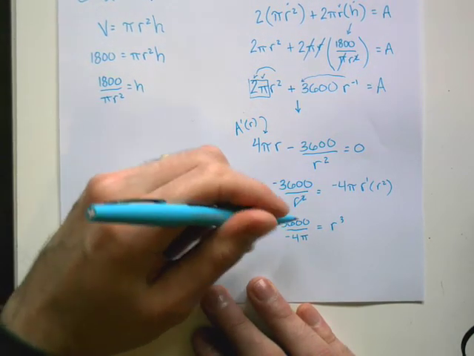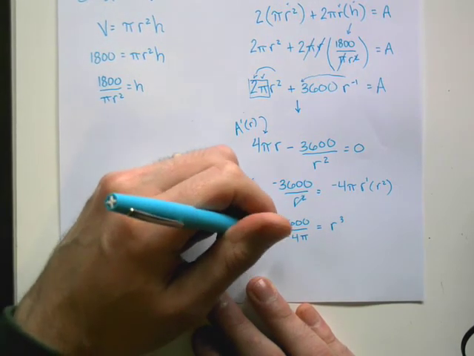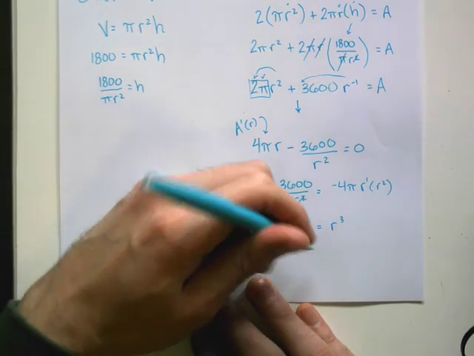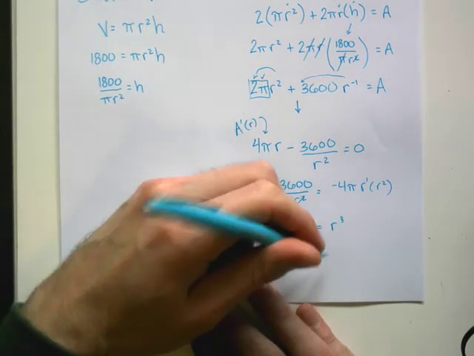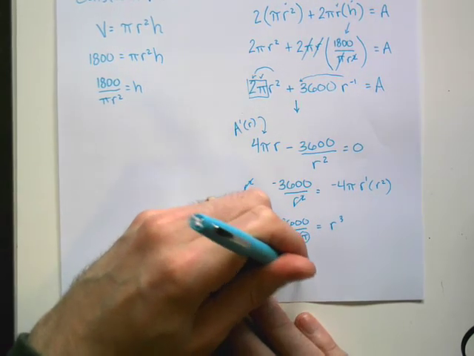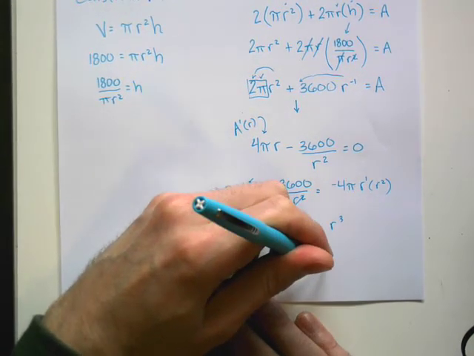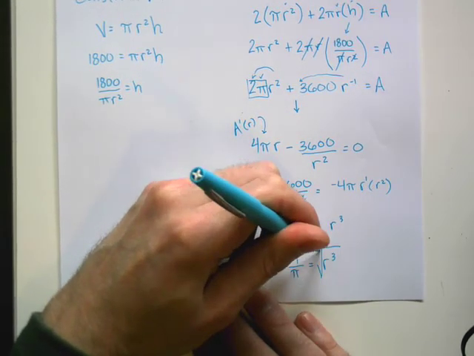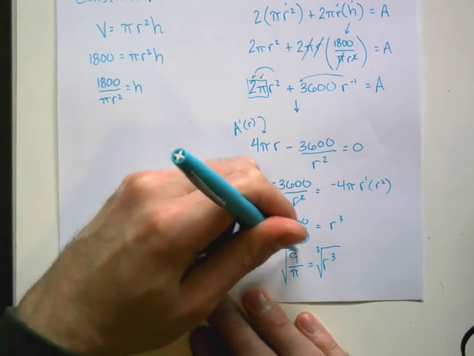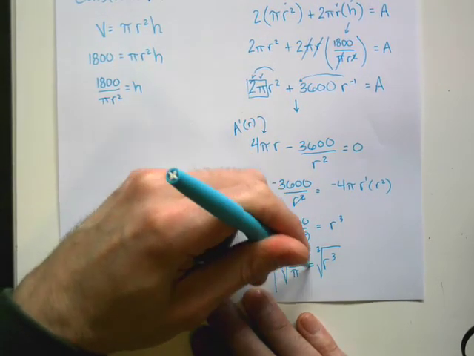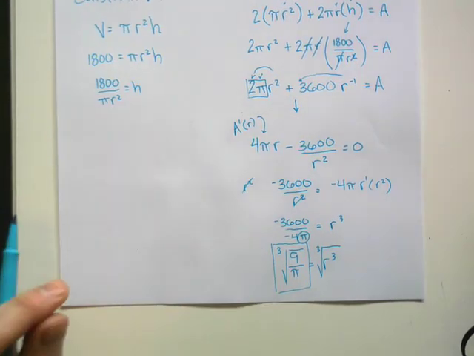There's a little bit of canceling and simplifying we can do here. 3600 divided by 4, negative over negative, gives me a positive, so it's 9 over pi equals r to the third. Now remember, we just want r, so I'm going to take the cube root to get rid of that third power. So this ends up being my r.